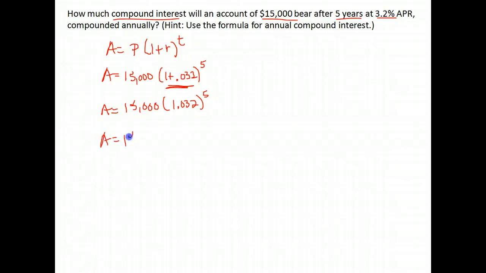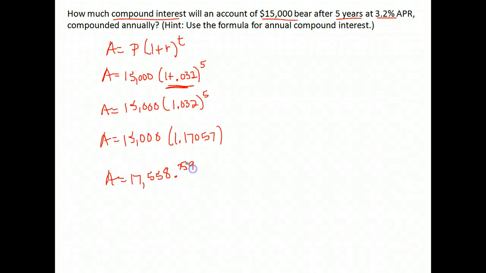That gives us 15,000 times 1.1757 approximately. I'm just going to leave the number in my calculator and then go times 15,000. And when I do, I get $17,558.59.